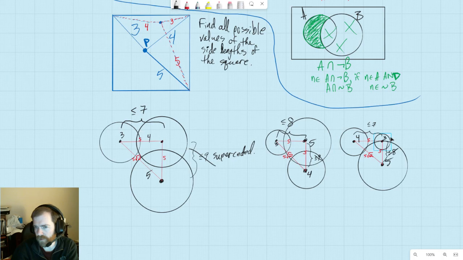Because if this were to go through here, for example, oh, that's not okay. This is fine.